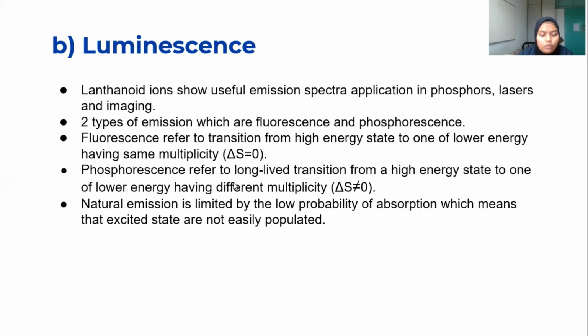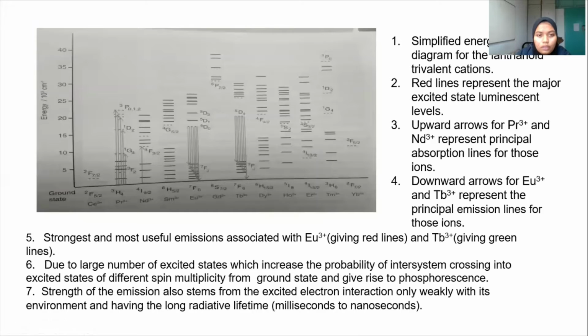And then phosphorescence is a long-lived transition from a higher energy state to a lower energy state that has different multiplicity, which is delta S not equal to 0. And then the natural emission is limited by the low probability of absorption, which means that the excited states are not easily populated.